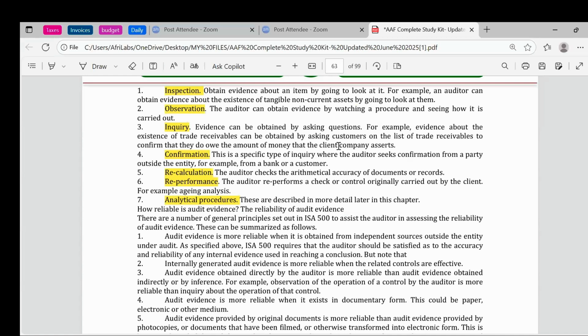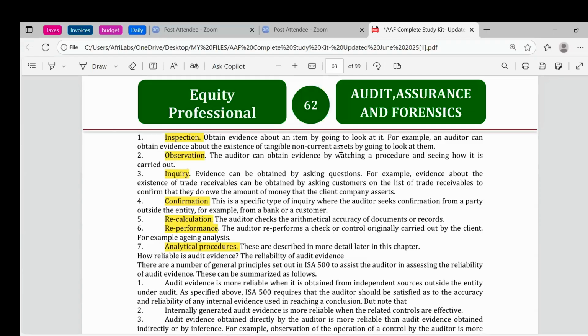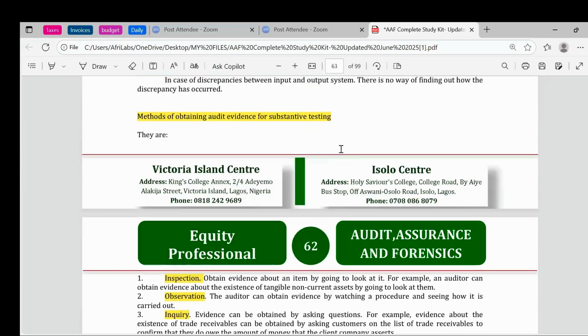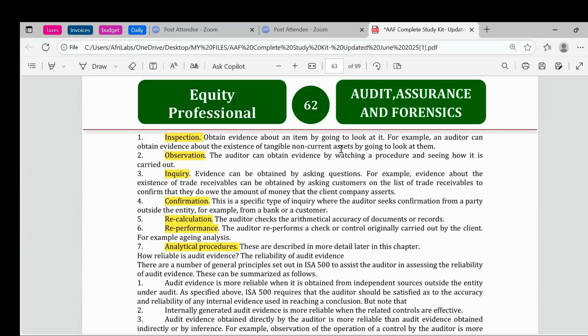So in the process of checking for accuracy in your CVOPC, the auditor, when listing his audit procedures, may have to do recalculation. I just saw a subhead talking about method of obtaining audit evidence. So I asked, have you done audit evidence as a chapter? And you said yes.